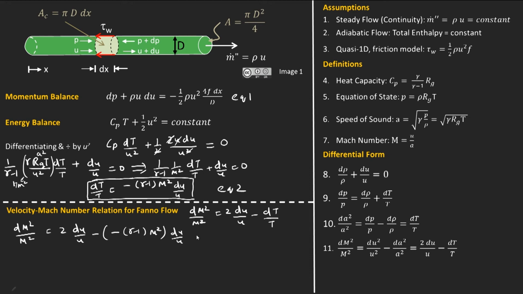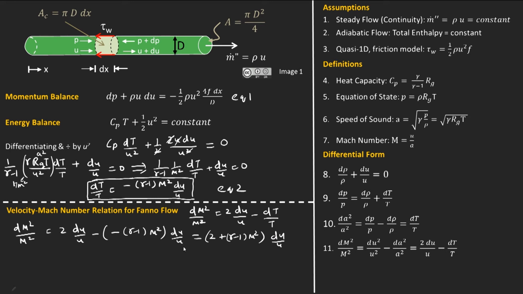Okay, in the next step, let us simplify this further by first multiplying the minus signs so that we get 2, and then we can of course also pull out the du over u, which is present in both the terms, to get 2 plus (gamma minus 1) times M squared multiplied by du over u.